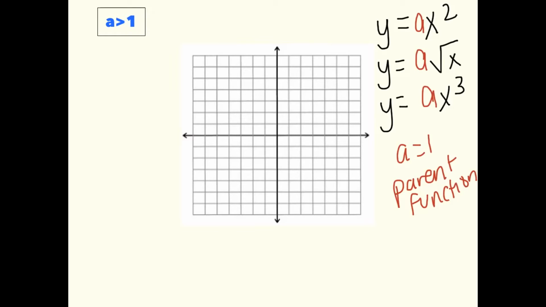Now when a is greater than 1, so when we have maybe y equals 2x squared or y equals 2 square root of x, something bigger than 1, 2, 3, 4, all the way up to whatever number you can think of, that's when we're going to have a vertical stretch.